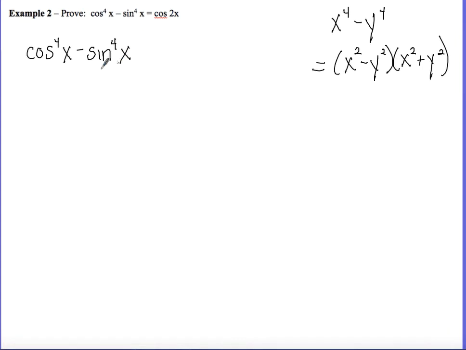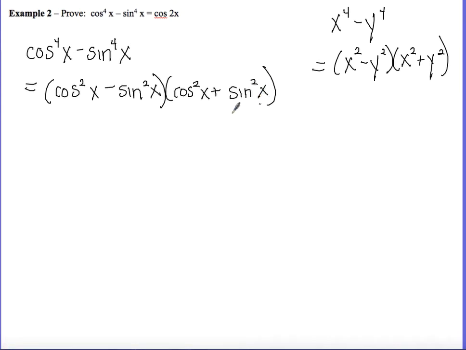I always like to start by writing down the side that I am starting the process with. And so when I factor this, that's going to give me cosine squared minus sine squared times cosine squared plus sine squared.